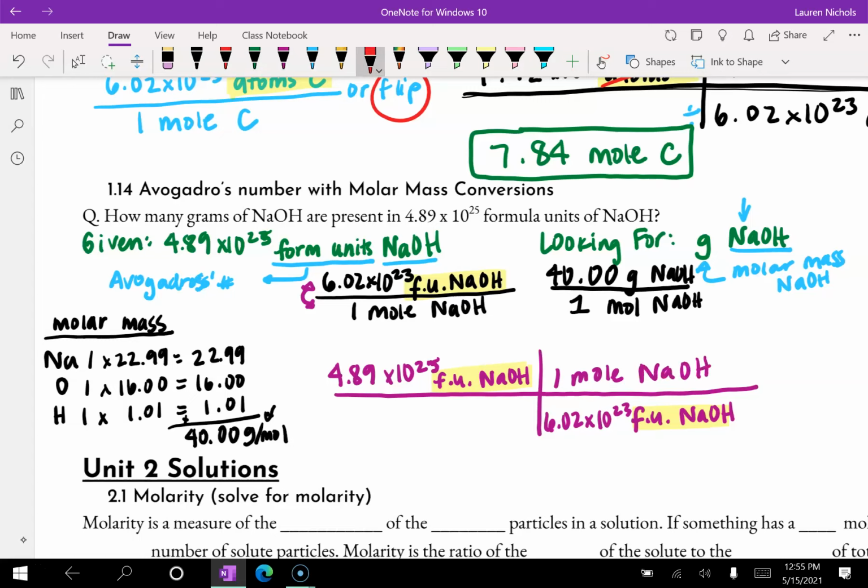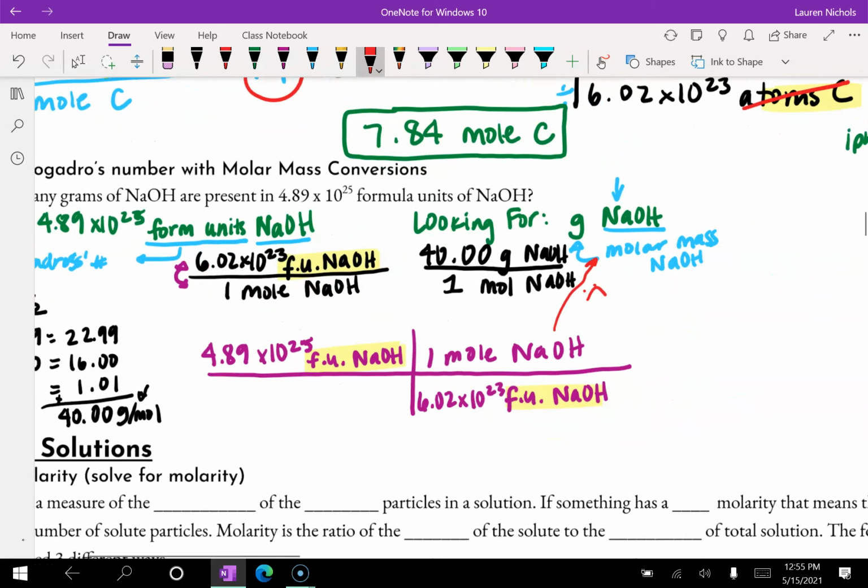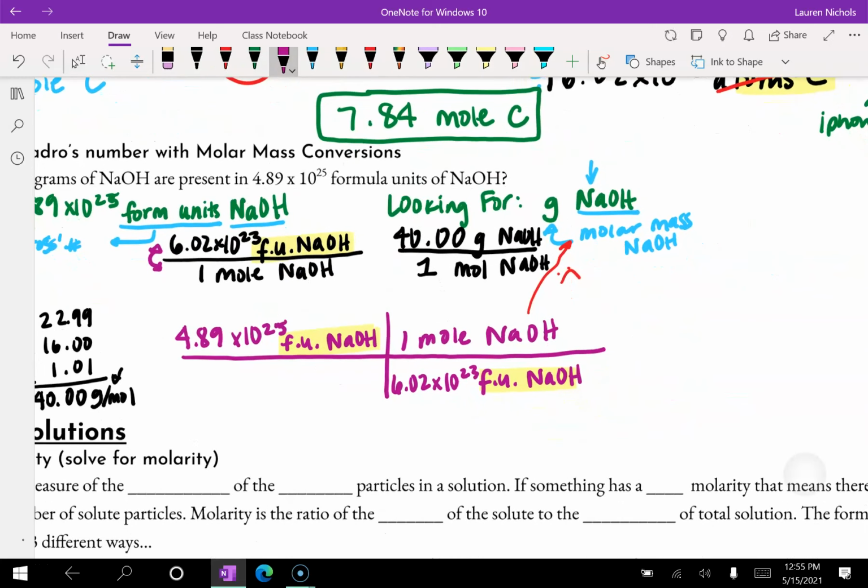But this doesn't match what we're looking for, so we definitely can't stop there. We know that because we already said that we needed two fractions, and I've only used one of them. So I put moles of NaOH at the bottom to stick with our pattern.